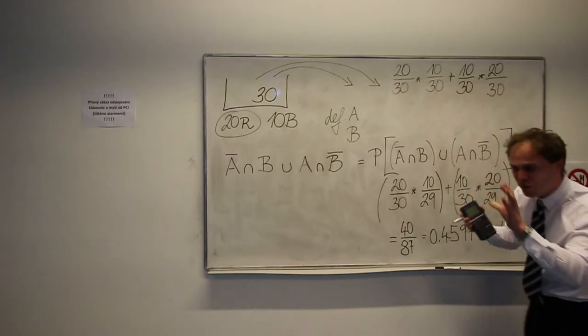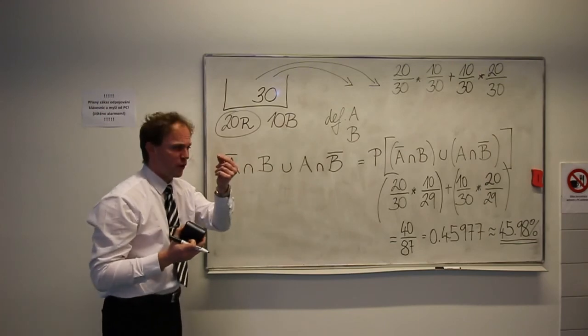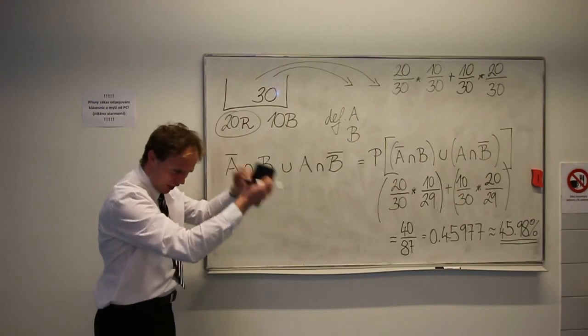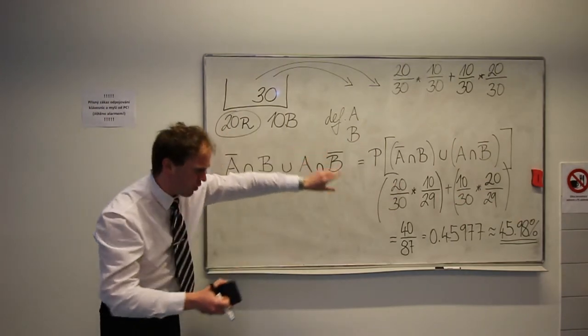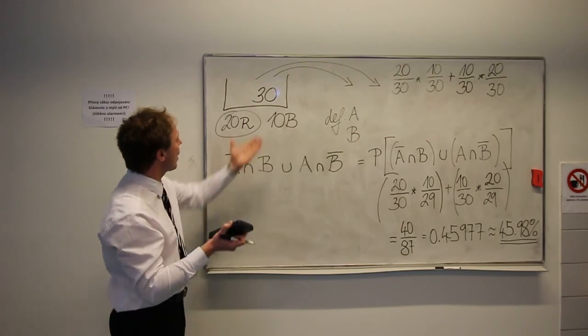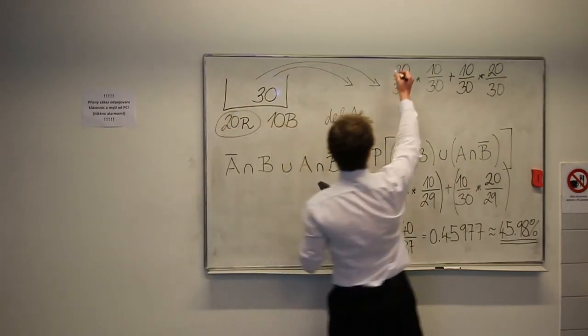You still have a full basket because you select the ticket, you check the color and you return this ticket back to the basket, shake it, and you select another one. So the basket is still full with 30 tickets.